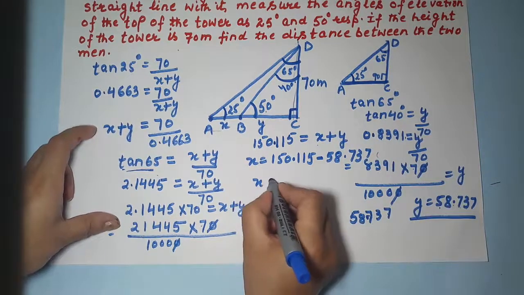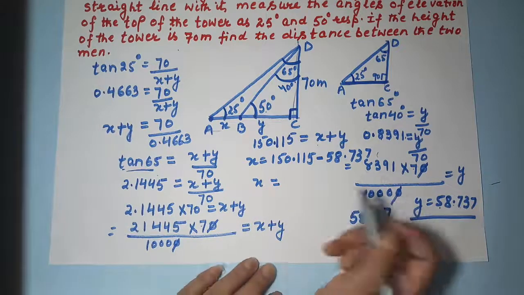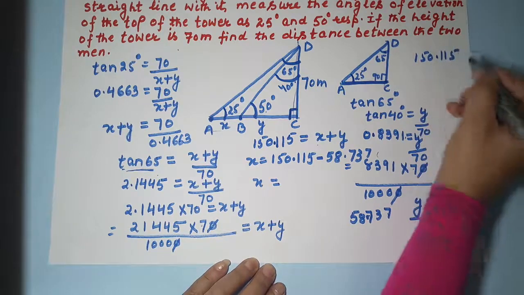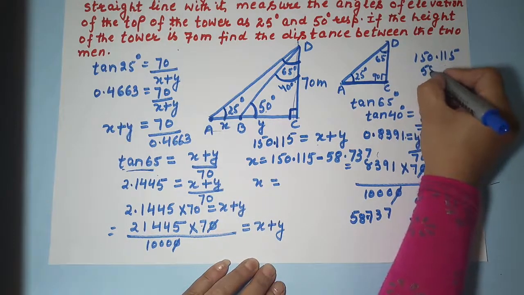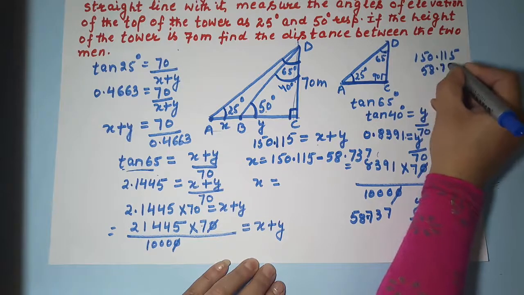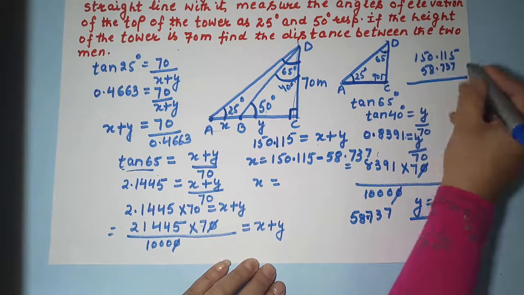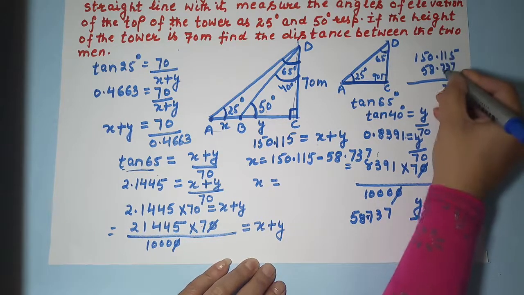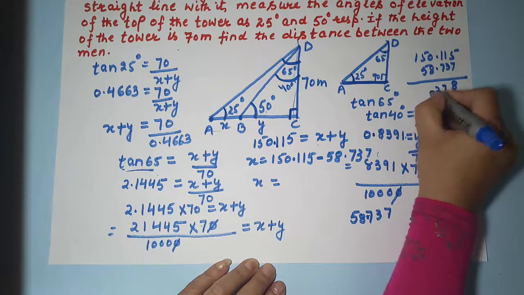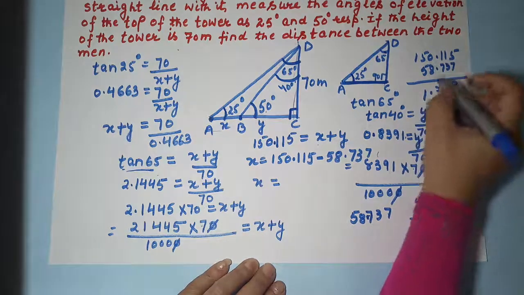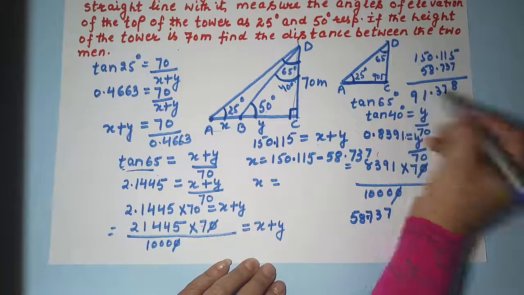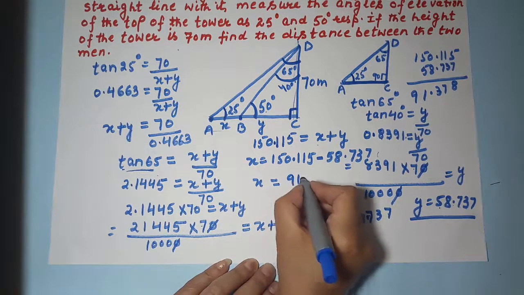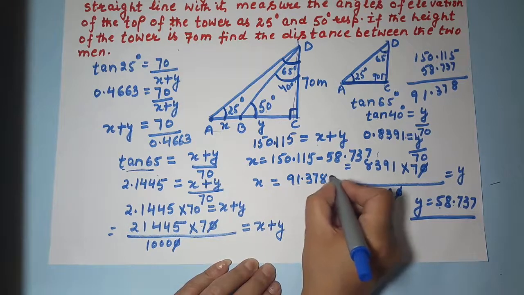So your x is equal to, okay, let's perform this. 150.115 and 58.737. So 15 minus 7 is 8. 10 minus 3 is 7. 10 minus 7 is 3. 9 minus 8 is 1. And 14 minus 5 is 9. So 91.378 meters is your answer.